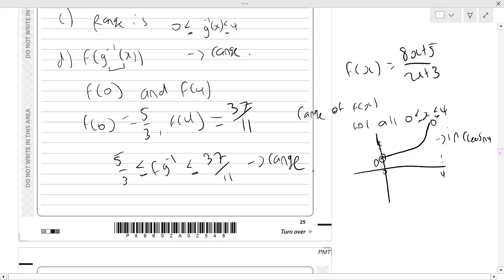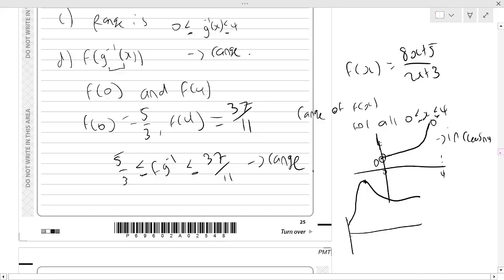So you just need to be careful of that. You don't actually have to justify or mention in the mark scheme that it's increasing, but you do need to prove to yourself that it is increasing, because multiple things could happen. Say we started at 5 over 3 and then 37 over 11. It could look like this, couldn't it? It could have a turning point or a maximum here.